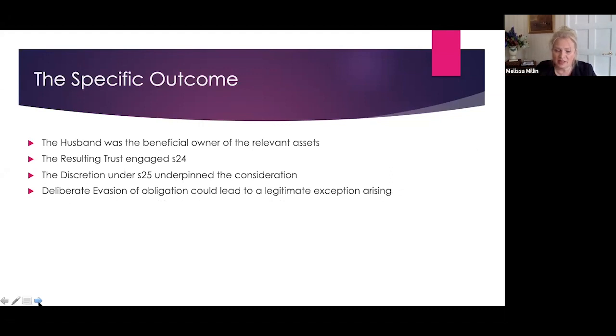In this instance, despite behaving fairly despicably throughout the proceedings, there was no deliberate effort on the part of the husband to evade his obligations, to prevent the wife from attaining her interest in that asset. What had happened was he had put the companies together in the structure that he had, most relevantly on the basis of his tax position and the control position.